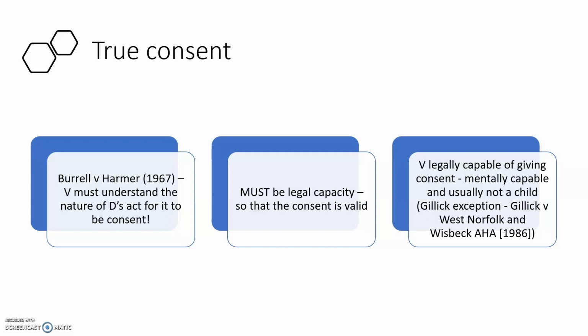There is a bit of complication on this because of a case called Gillick v West Norfolk and Wisbech Area Health Authority. Usually a child isn't able to give consent in terms of medical treatment and things like that. Usually it has to be the parent up until the child's 18. The issue in this case was that she wanted contraception.